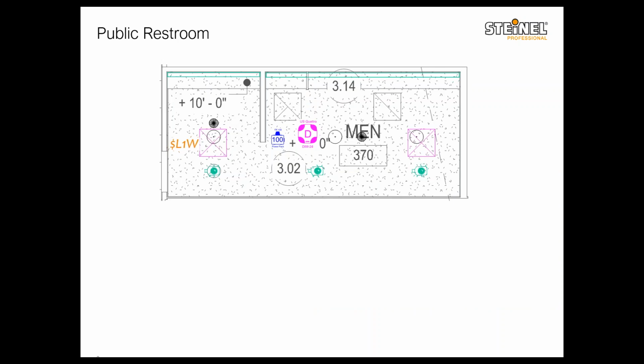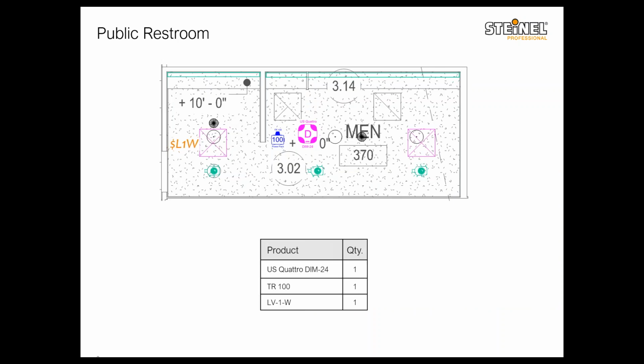And as you can see here in this little men's restroom that I've shown here, we really need just one ultrasonic US Quattro DIM-24 sensor, TR100 power pack, and momentary switch to control the lights.